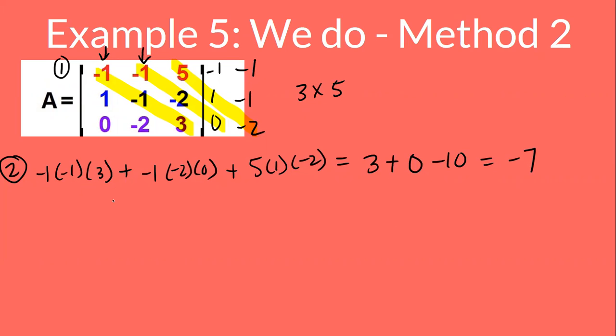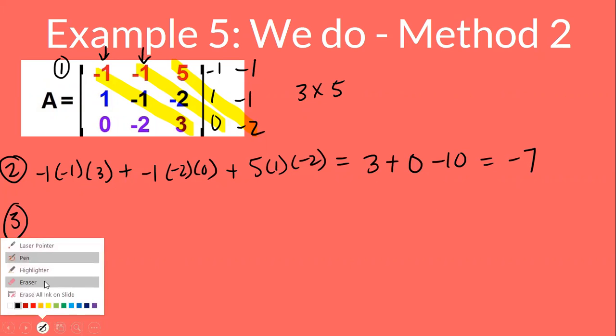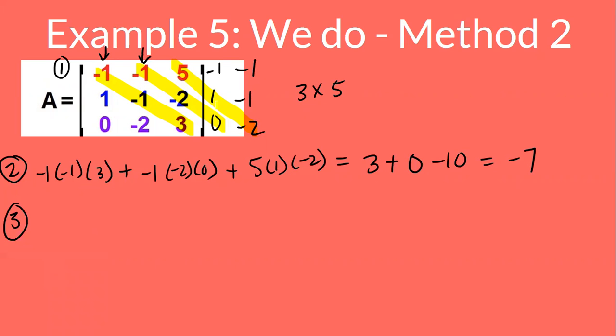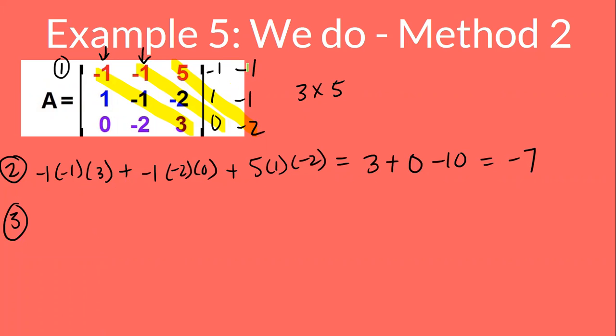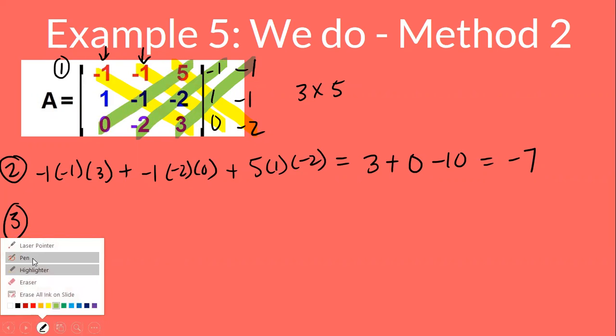Okay. Then step 3 is you're going to start from the right and multiply along the diagonals from the right. So I have -1. So those are going to be the values that I multiply and add.